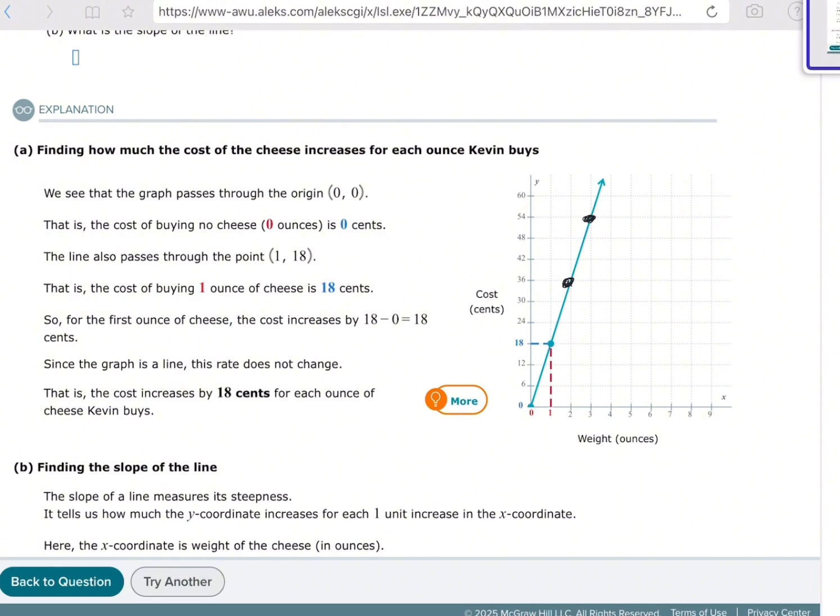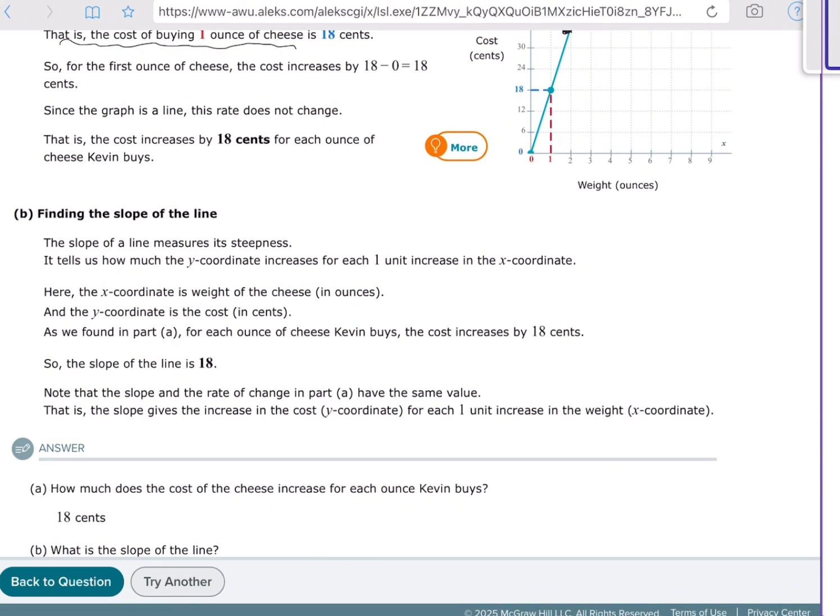So what it says here is that the cost, and I'm looking right here, the cost of buying 1 ounce of cheese is 18 cents. Okay? So for finding the slope for this one, you just need to do 18 divided by 1. If you have a coordinate 1, 18, this is x, y.